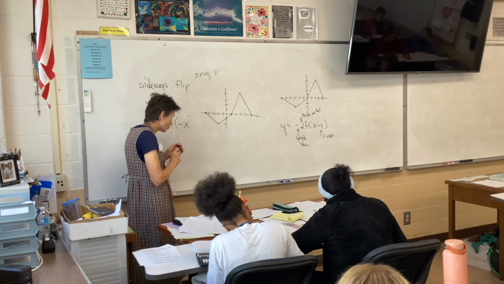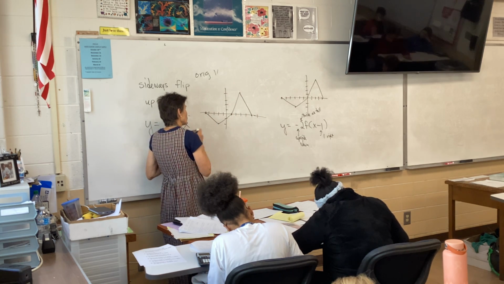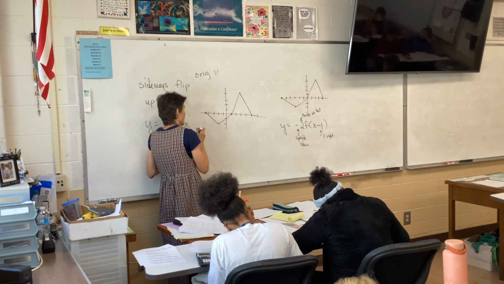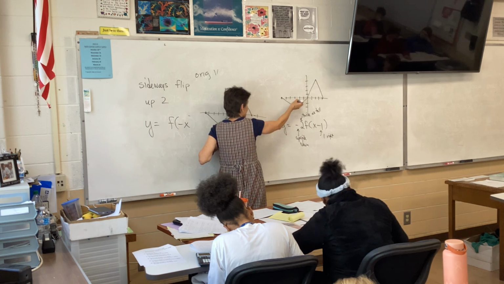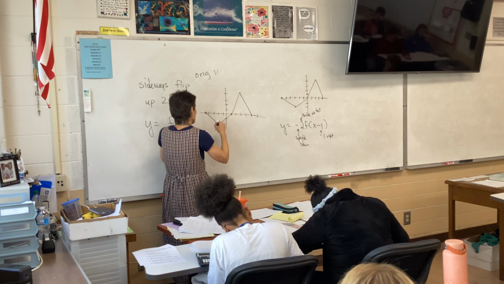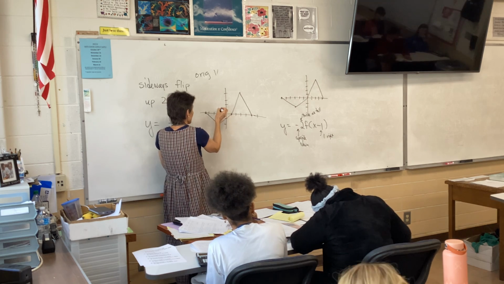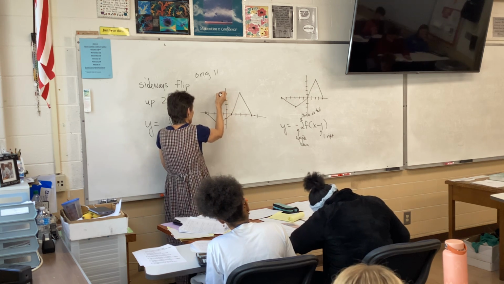Now I gotta turn them upside down and make them twice as tall. All right, so how tall is this triangle? 2. So I'm gonna turn him upside down, but instead of going down 2, now he's gonna go up 4.